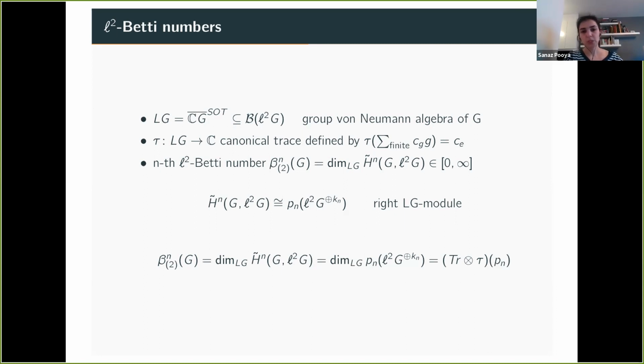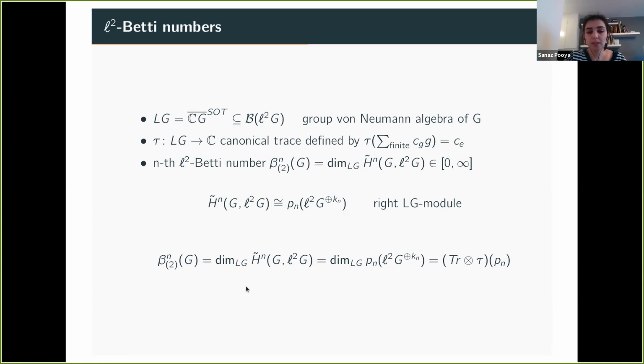Now, using the classification of finitely generated right von Neumann modules, we see that they all fit in this picture. So there is a projection basically satisfying this. And in the specific situation when our finitely generated module is the nth degree cohomology with this coefficient, then the projection fitting in this setting is the Kazhdan projection, the higher Kazhdan projection. And this can be seen through the isomorphism theorem that we had before.